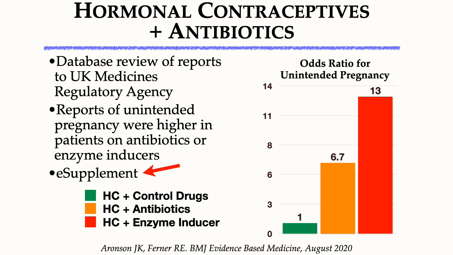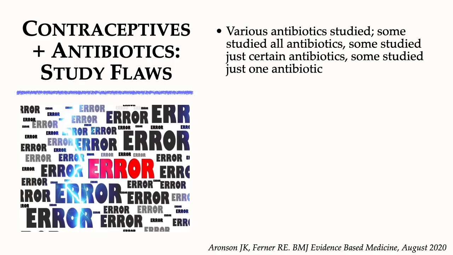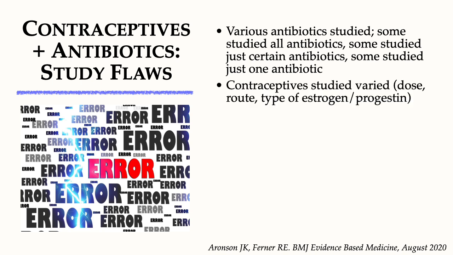So what they basically found was that the vast majority of these studies had serious flaws, invalidating flaws, things that would cause the paper to be a failed study rather than a negative study. They used various antibiotics. Some studied all antibiotics, some studied just certain antibiotics, some studied just one antibiotic.